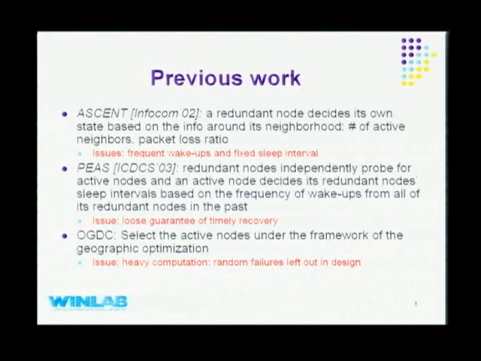And also PEAS, I would say we share the same goal as PEAS. However, PEAS doesn't provide a tight, strict guarantee of timely recovery, but we do. And also OGDC. OGDC, I would say, is just a theoretical framework. Their algorithms involve heavy computation. However, they didn't consider random failures of the sensor nodes at all.